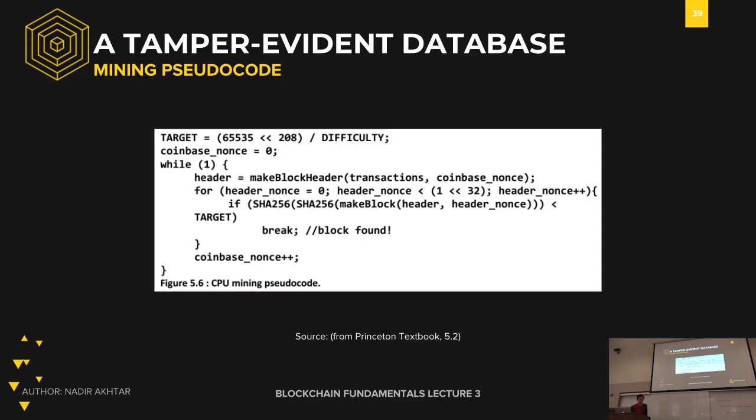So the question is, how does this actually verify the transactions that go in the previous block? In a sense, it doesn't. But the idea is that, on average, it takes some computational work to include these transactions into a valid block.